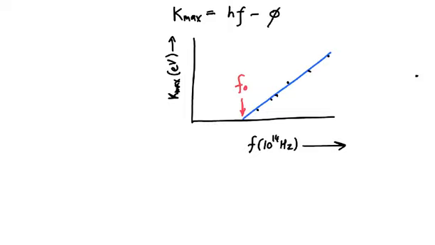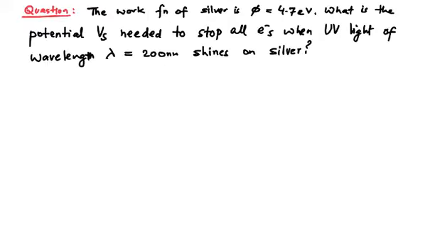Now let's look at one example. The work function of silver is given as 4.7 electron volts. What is the potential Vs needed to stop all electrons when ultraviolet light of wavelength 200 nanometers shines on the silver? Here we can first calculate the energy of the UV photon using the formula E equals hc over lambda, and you can substitute the value of h, Planck's constant, in electron volts.